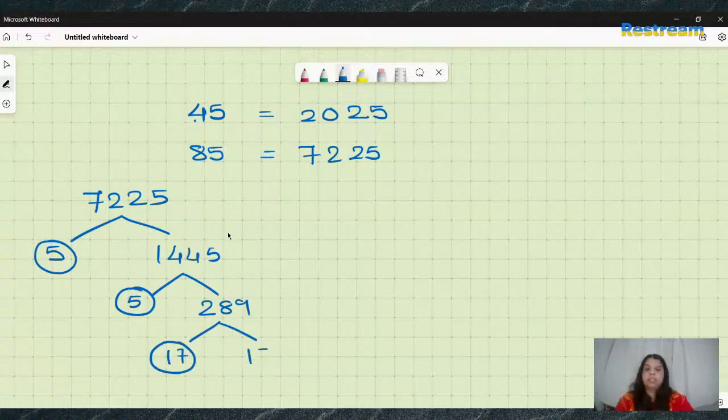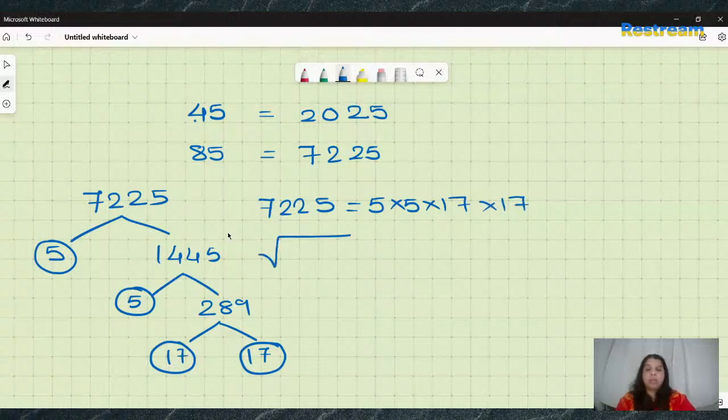So it's 17 multiplied by 17. So 7225 is equal to 5 multiplied by 5 multiplied by 17 multiplied by 17. So the square root of 7225 is how much? Which is equal to 85.